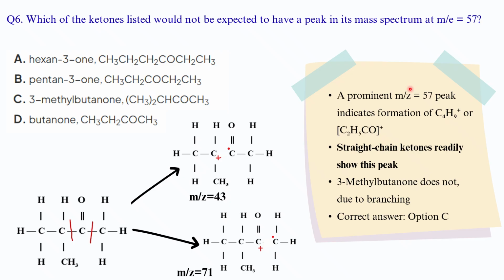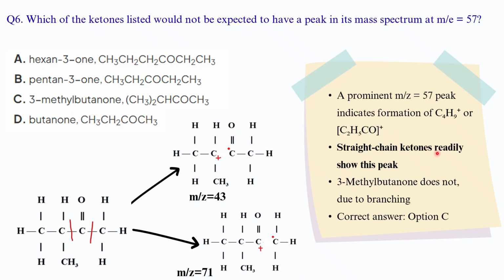Now always remember that whenever we have any ketone and we are asked about m/z equals 57, the m/z equals 57 value is the characteristic or prominent peak whenever there is formation of this radical cation. And this is only possible in case of straight chain ketones.